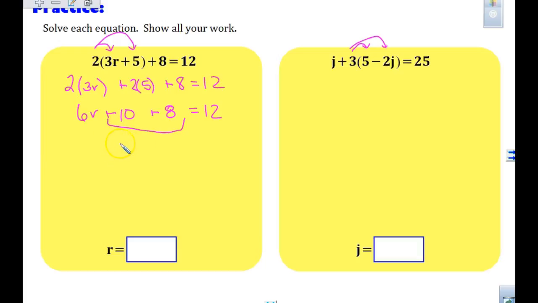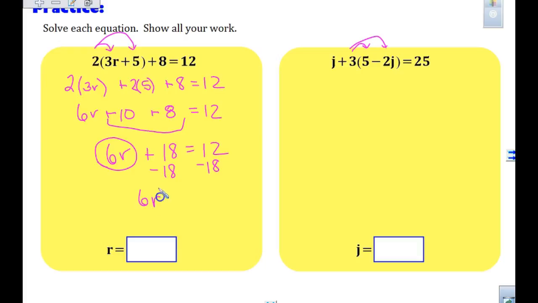okay? So we now want to put 6r. If we are adding, we want to add our like terms, which gives us 18 is equal to 12. We're trying to get this term 6r by itself. To get that by itself, I have to get rid of the positive 18, which means I'm going to subtract 18.